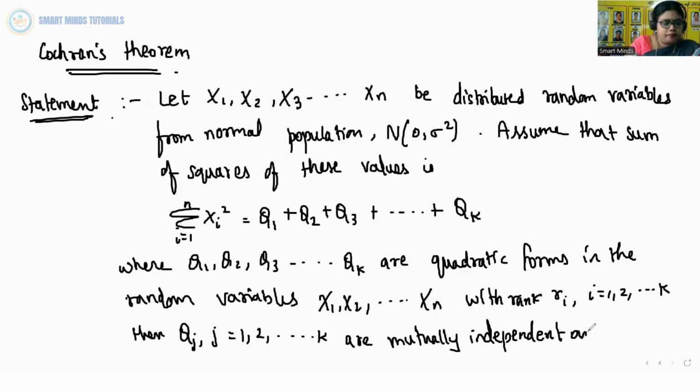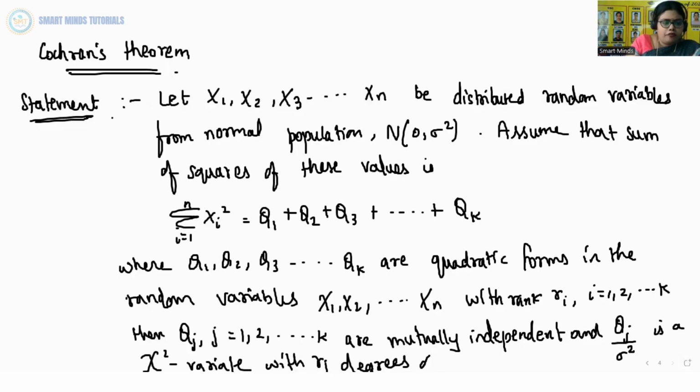And qj by sigma square is a chi-square variate with rj degrees of freedom.